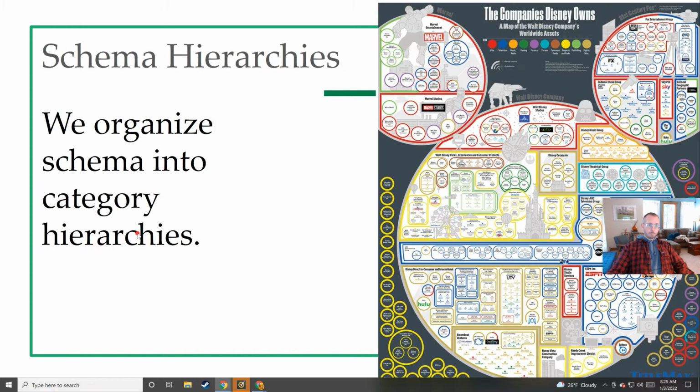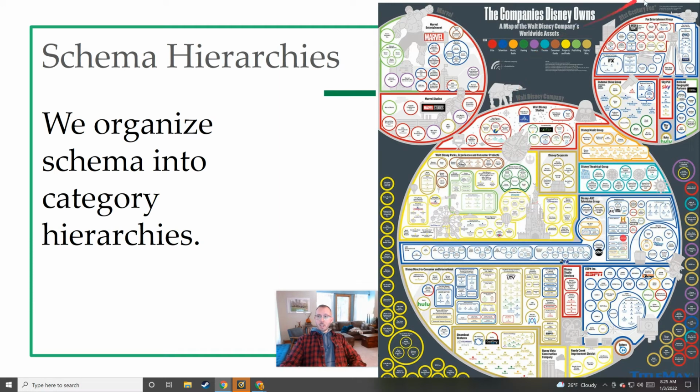We also organize our schemas into hierarchies. Here you see a graphic of all the different things that the huge corporation of Walt Disney World owns. And so we've got a schema of Marvel and Marvel movies. Even if you haven't kind of seen a Marvel movie, you might have a mental grouping for what goes in that, some Iron Man stuff, some Hulk, some Spider-Man.